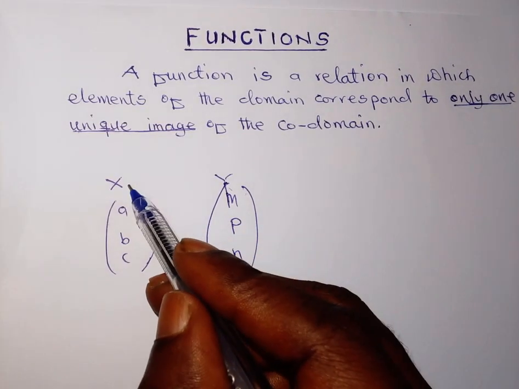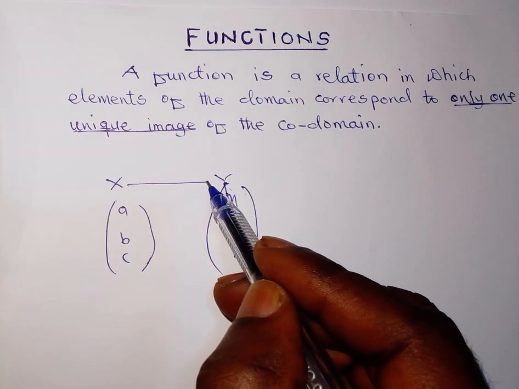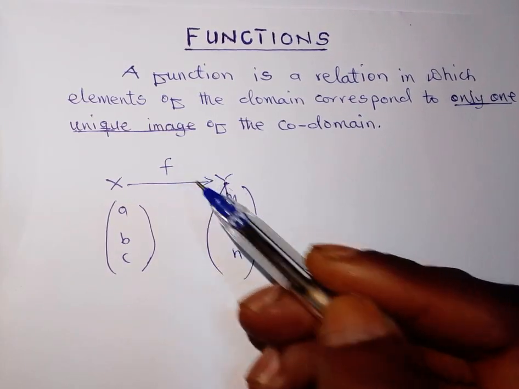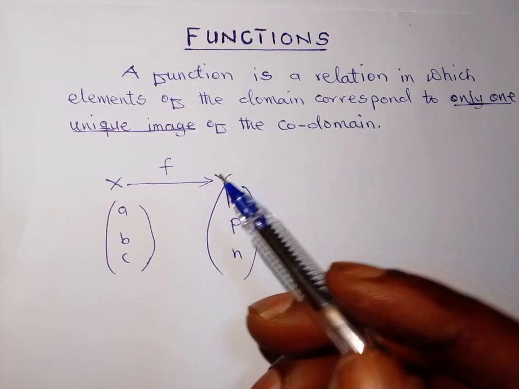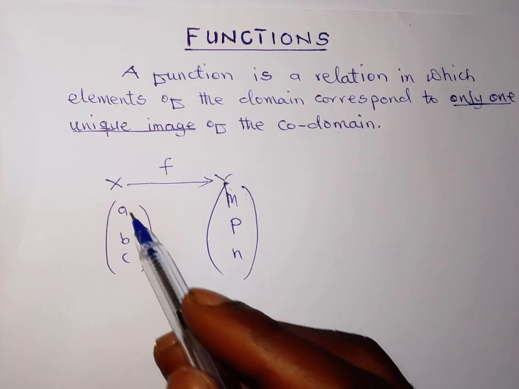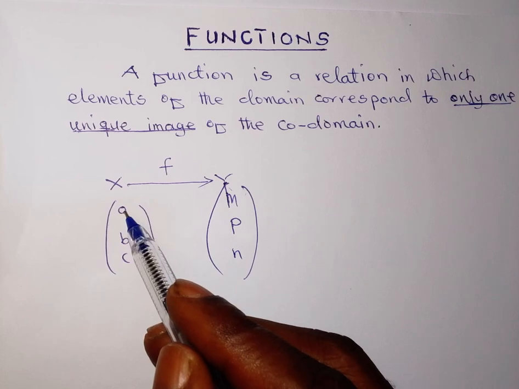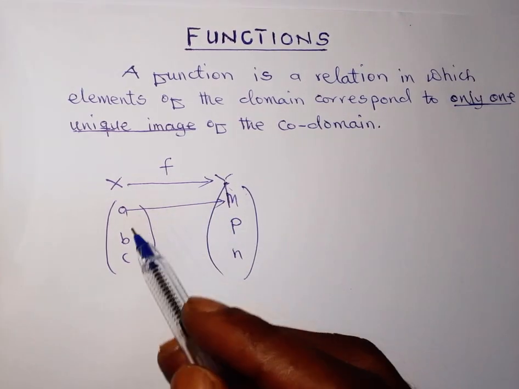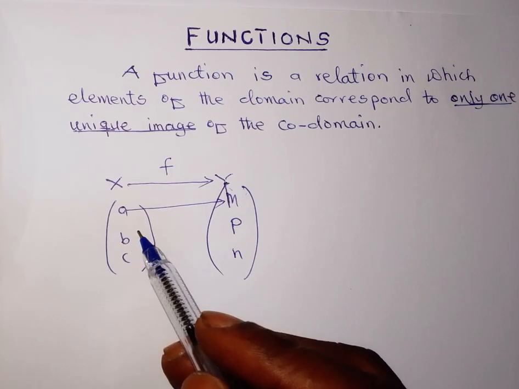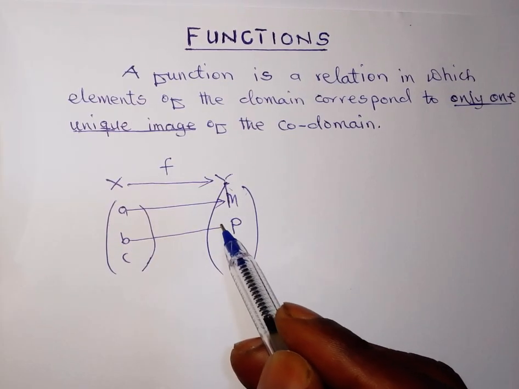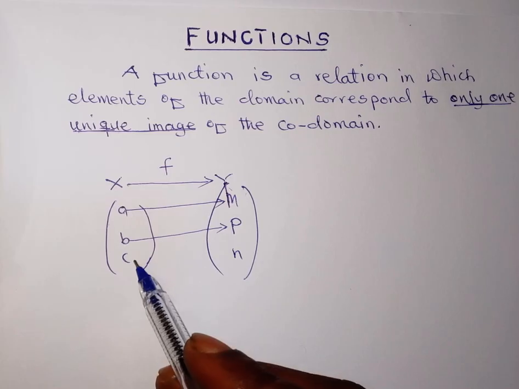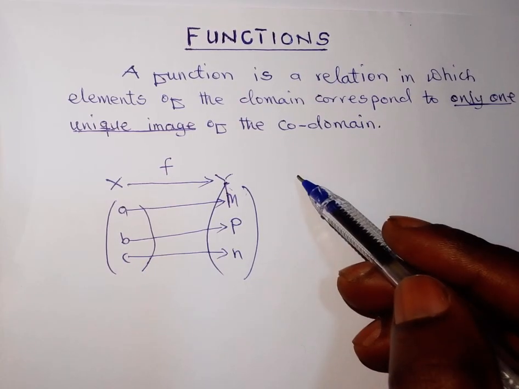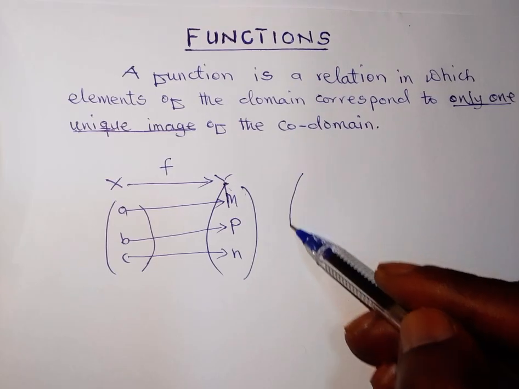Then we have this function here. Let's say f is the function given. This is where you can have elements in the domain mapping onto only one element in the codomain.